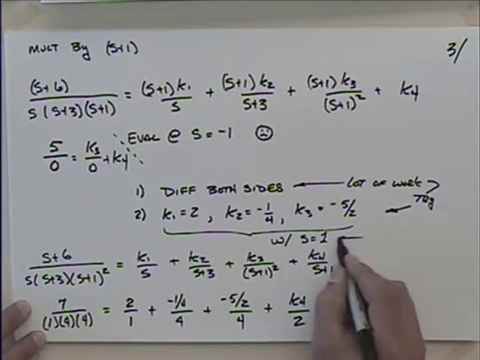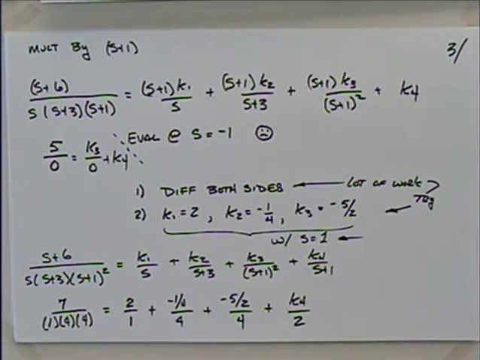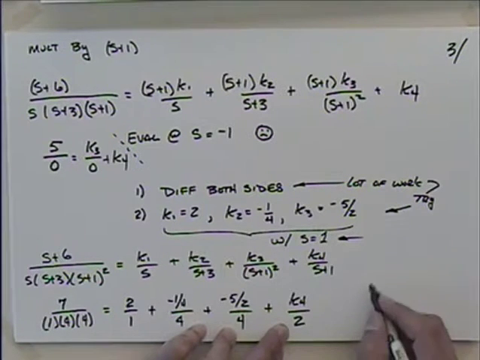So this one was not particularly critical. I just picked a value that was easy to put in. I probably didn't want to pick one of the other roots. That would be the only thing. So when you go through this, you can solve for K4.